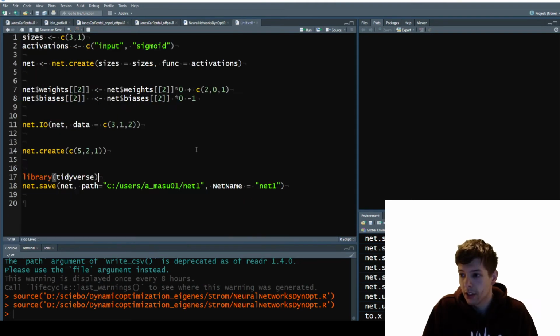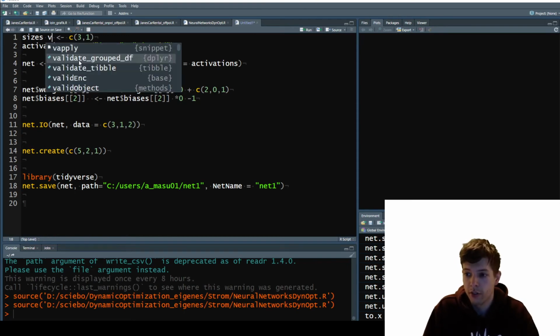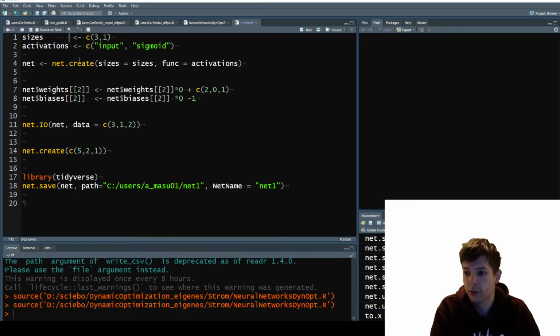That being said, let's have a brief look at the exercises. So the first thing was that we should create a vector of sizes for the two layers, and of course the first layer was of size 3, the second layer was of size 1, because we only had a single output. And the first layer's activation function is just input, which means the values are just distributed to the next layer. No computations take place.